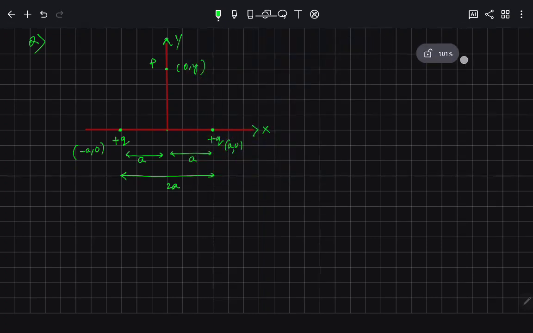So the question here is: find the electric field at point P due to these two charges, due to this arrangement.